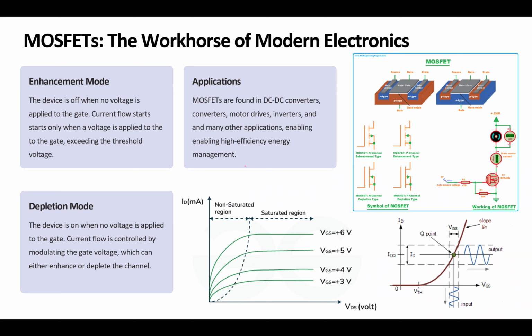MOSFET has a more complicated technology, or configuration. We have two types of MOSFET, N type or P type. You could search on what that means. I put the structure and the symbols.